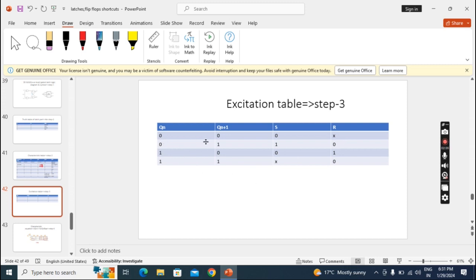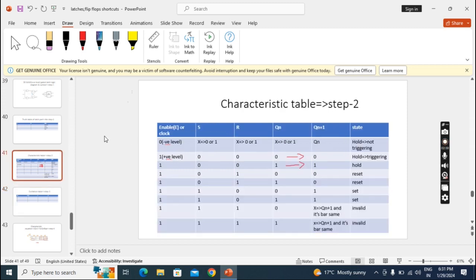So what is the n plus 1 value for combination 0 0? Now go to the characteristic table. From the characteristic table only we have to write the excitation. See, n plus 1 value 0 0 is there one time here and one time here.